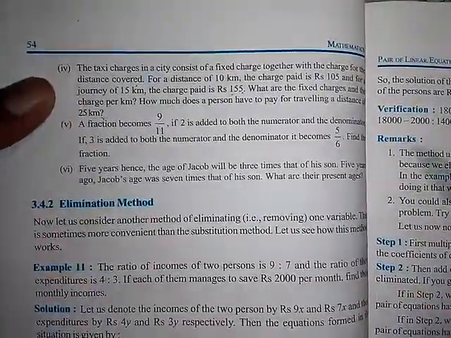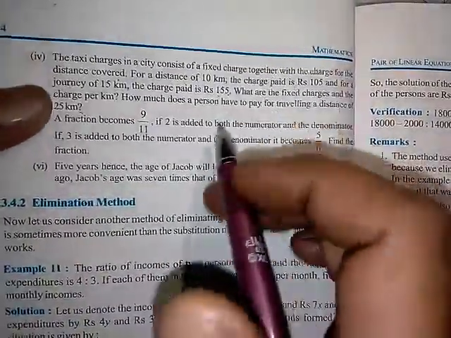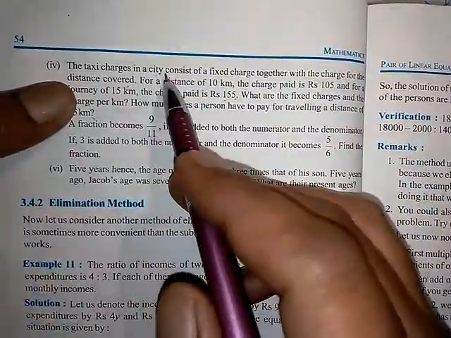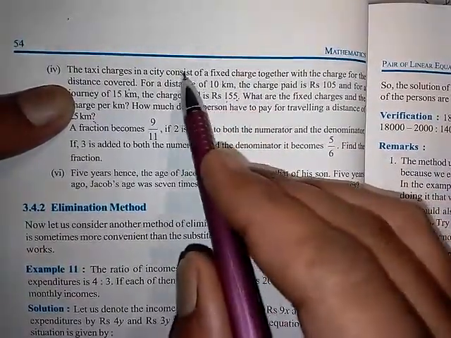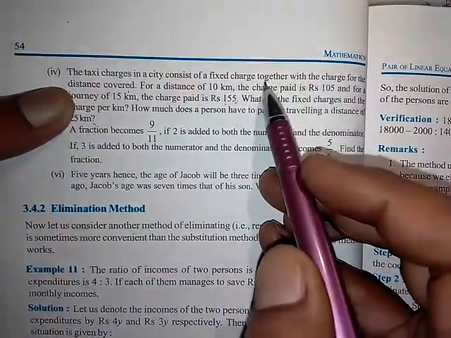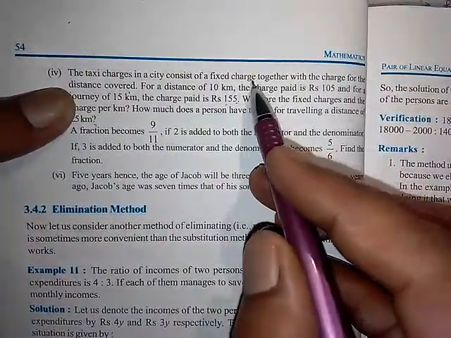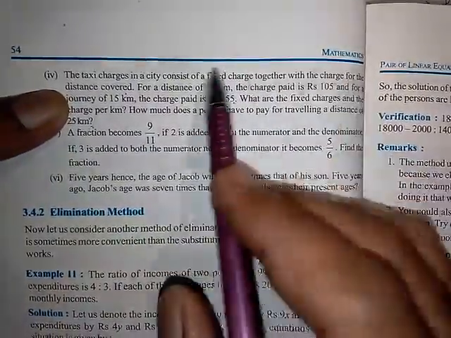So here this is a very important question of the exercise, or even you can say of the full chapter also. The taxi charges in a city consist of a fixed charge. Okay, listen to it carefully. So what I will do, I will suppose the fixed charge is equal to x, together with the charge for the distance covered.